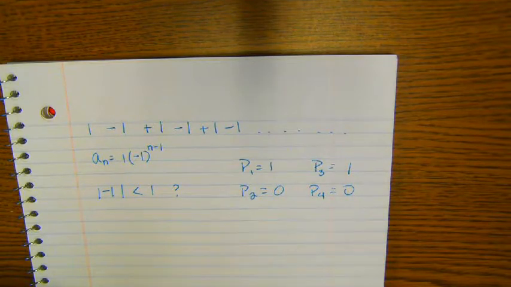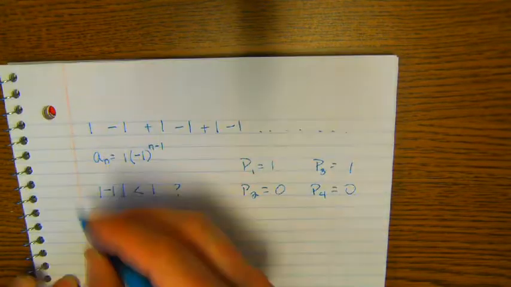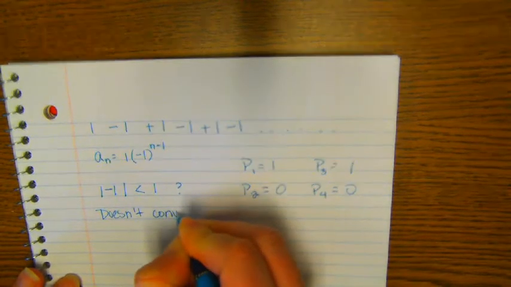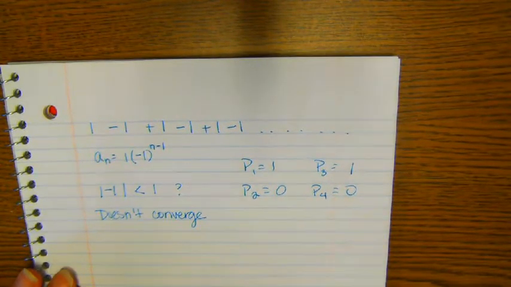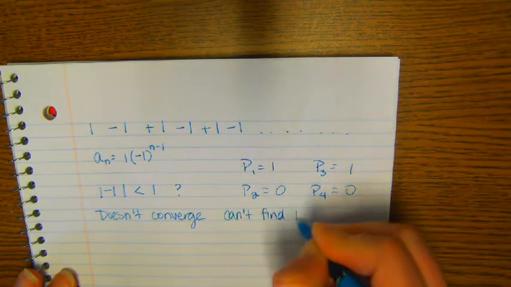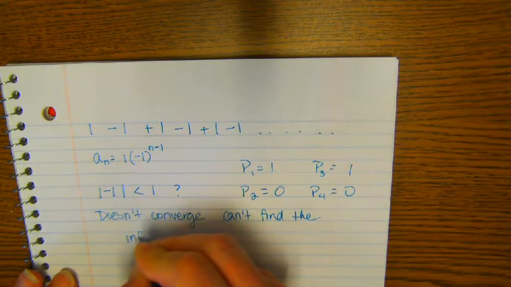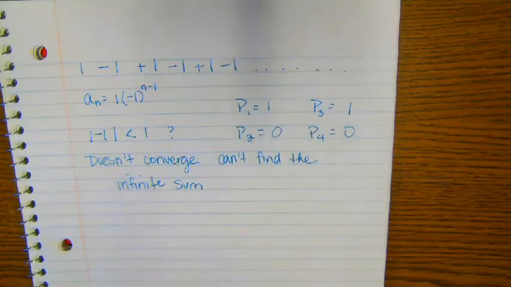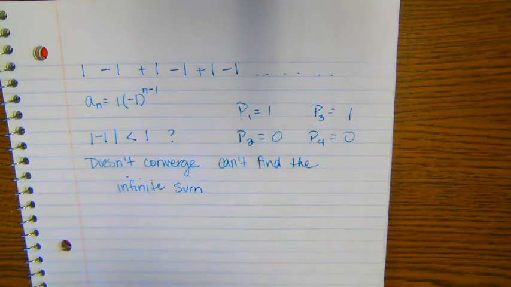It's not going to approach one single number or get smaller like the one before. And so when that happens, this does not converge. And if it doesn't converge, we cannot find the infinite sum. So please don't run around trying to use this formula on everything. It's only a small portion of things that we can use it on, okay? And that's if r converges.